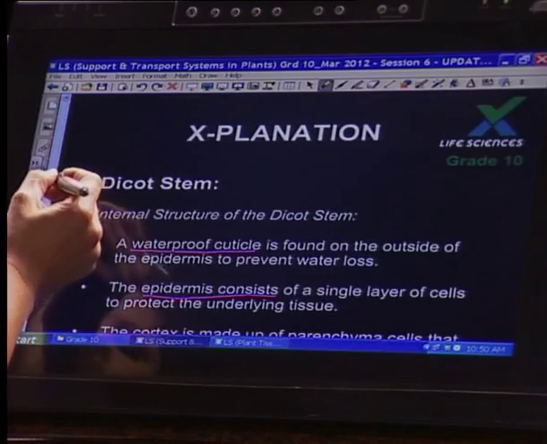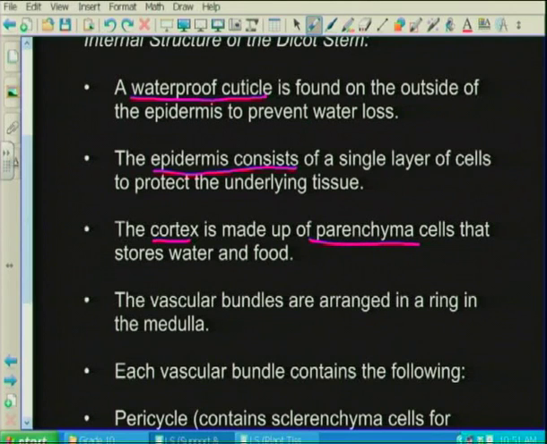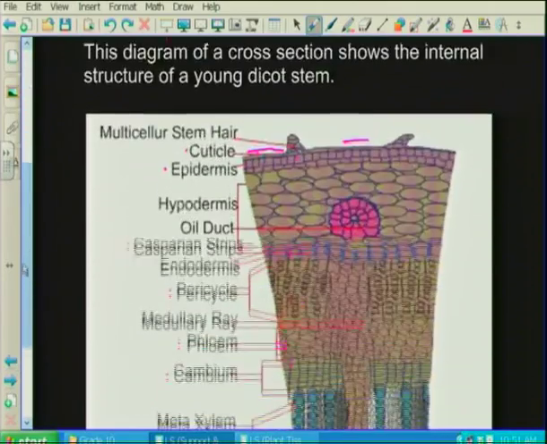Then after your epidermis, you have your cortex. And your cortex is made of parenchyma cells. Remember, parenchyma cells are those large cells, and they basically store the water and the minerals that your plant absorbs. So it's your cortex and your parenchyma cells that store water and food. If you look at the diagram, I'll quickly show you where that is.